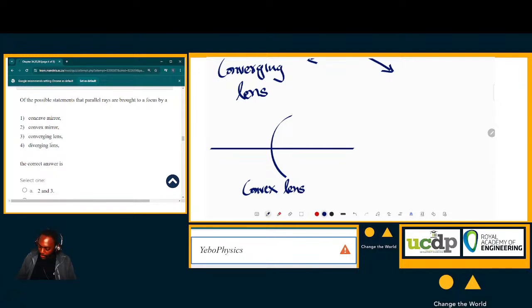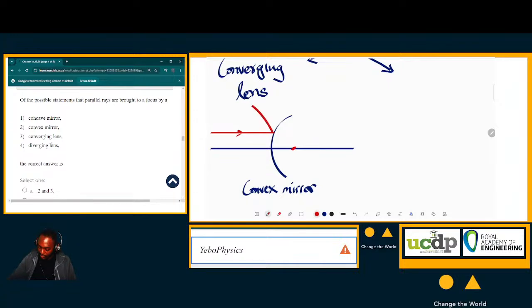If you have got rays parallel to the principal axis, when they reach the convex mirror, it will be reflected in such a way that the virtual ray will pass through the focal point.